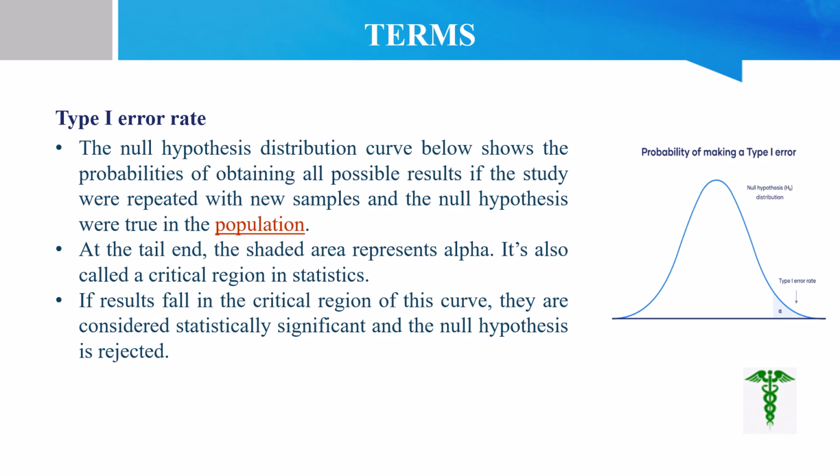The shaded area at the tail end represents alpha, also called the critical region in statistics. If the result falls in this critical region of alpha, it is considered statistically significant, so we can say the null hypothesis is rejected.